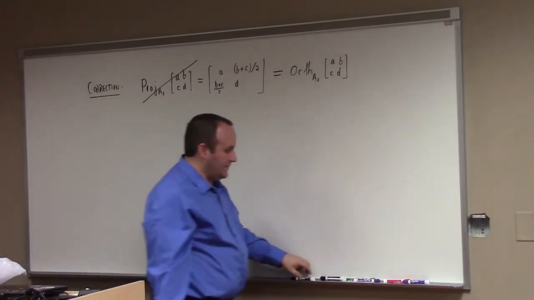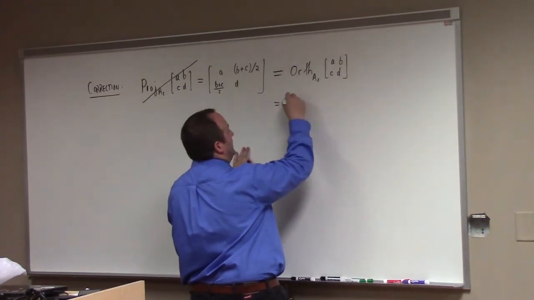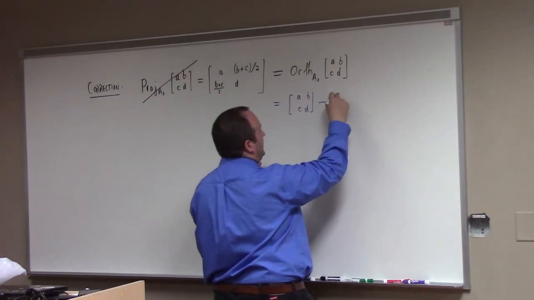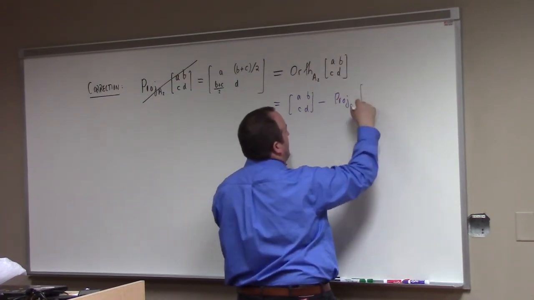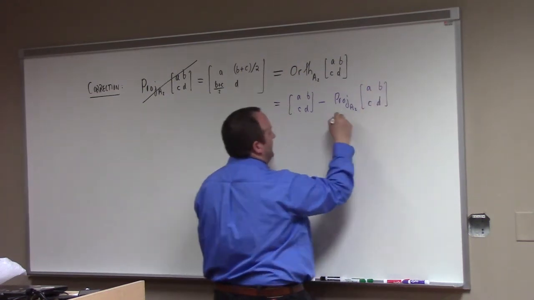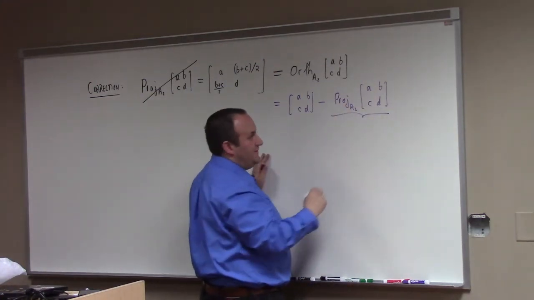In fact, it was the orth that I calculated. The orth is by definition A, B, C, D in this context minus the projection onto A2 of A, B, C, D.